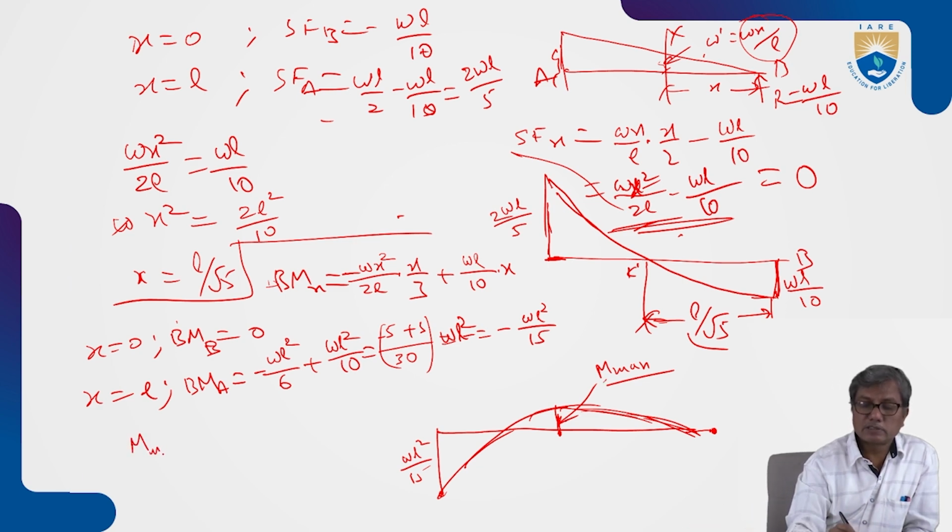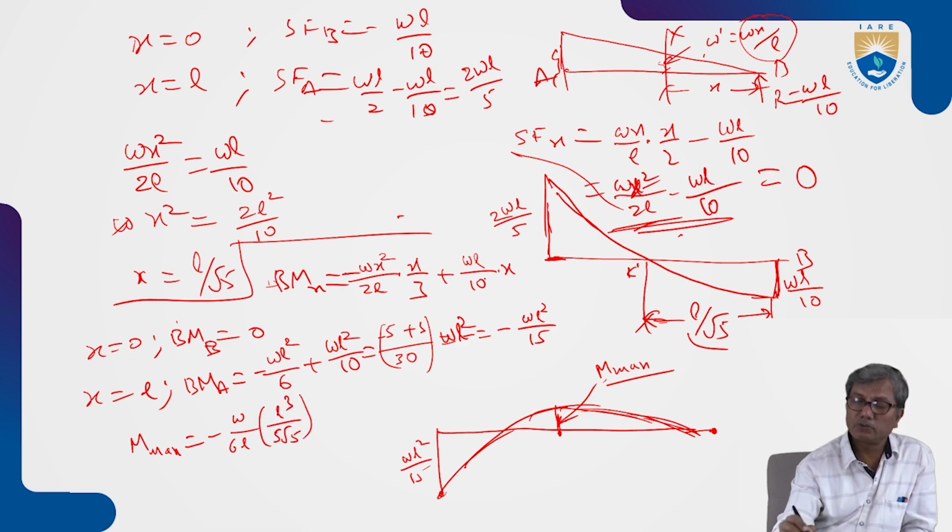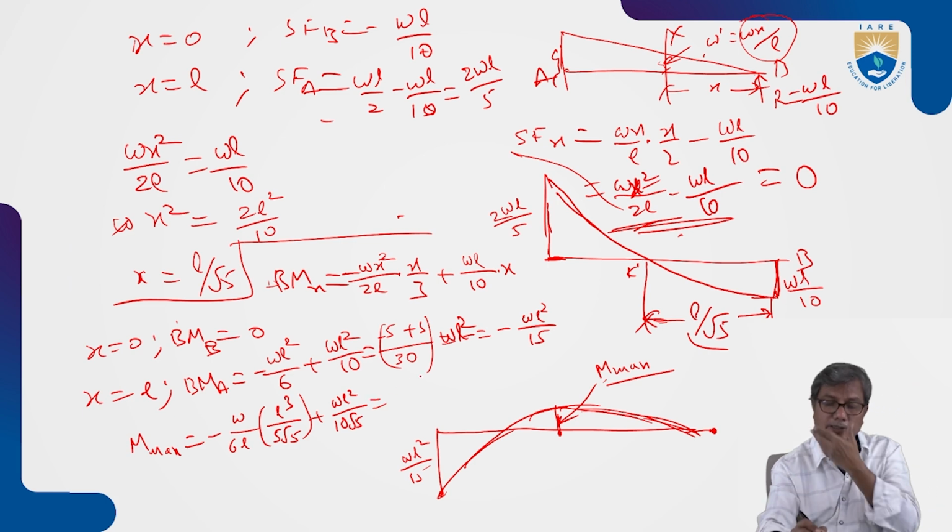So what is M maximum? Substituting x equal to L by root 5, minus W by 6L into L cube by 5 root 5, plus WL square by 10 root 5. Okay, so what will you get here?